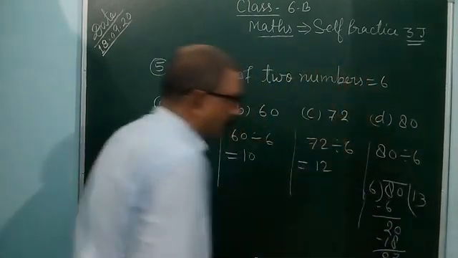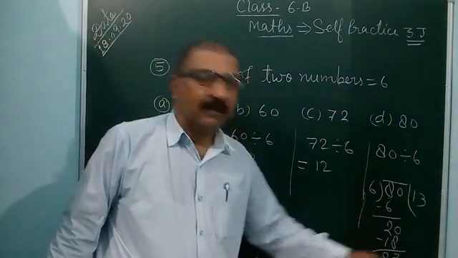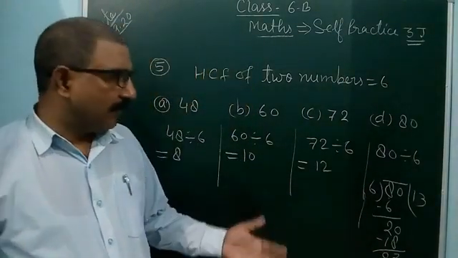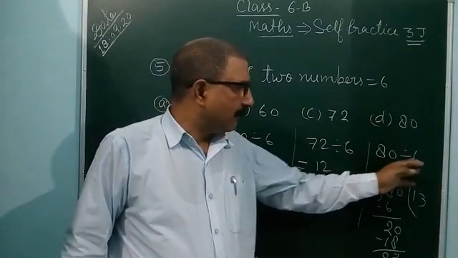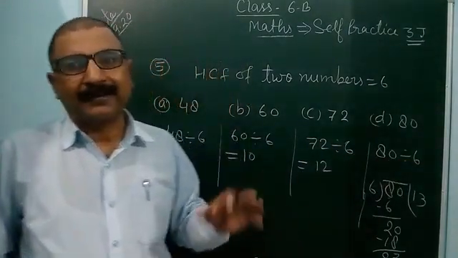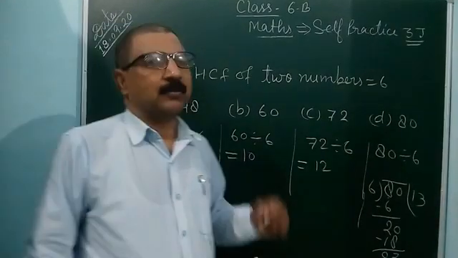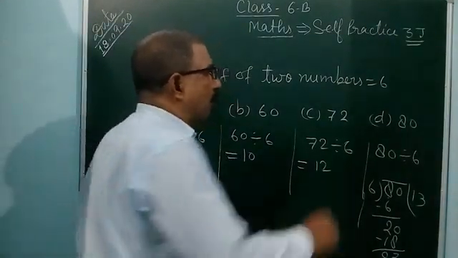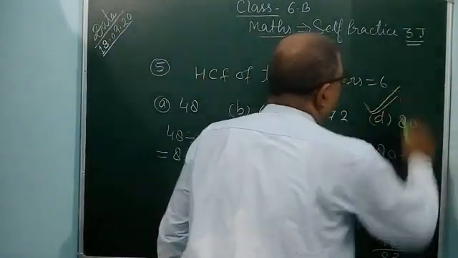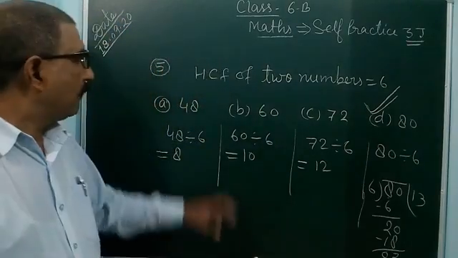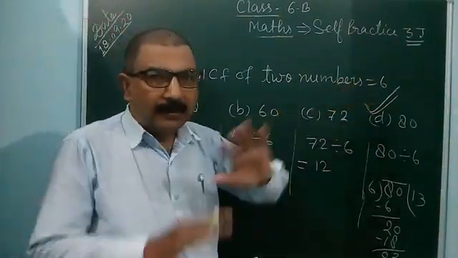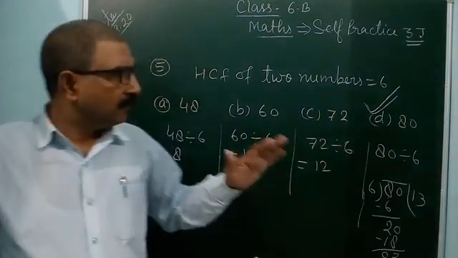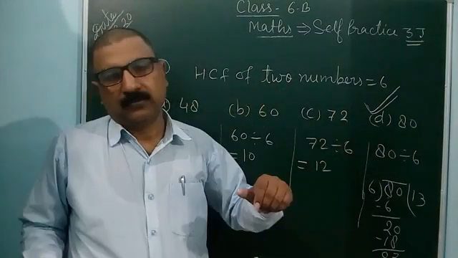So 2 is the remainder. If the remainder is not 0 when you divide 80 by 6, then option D can never be the LCM of the two numbers.